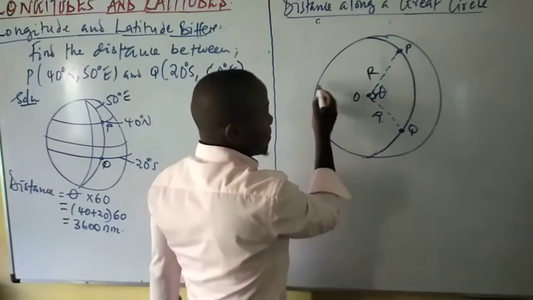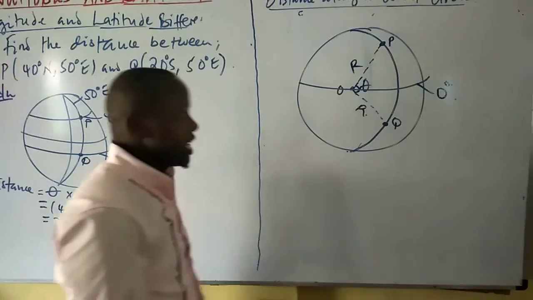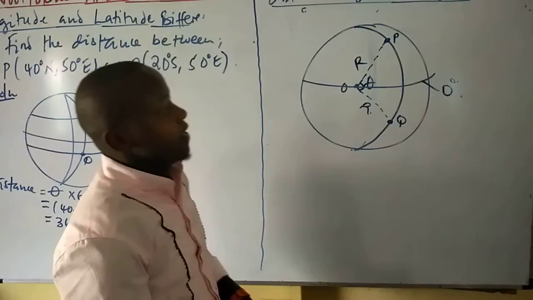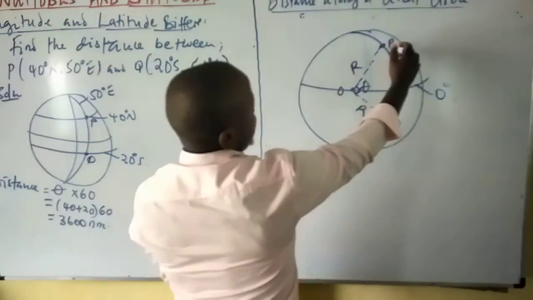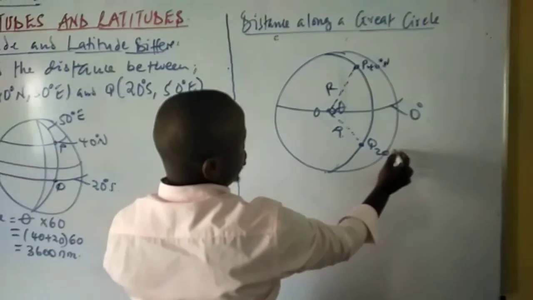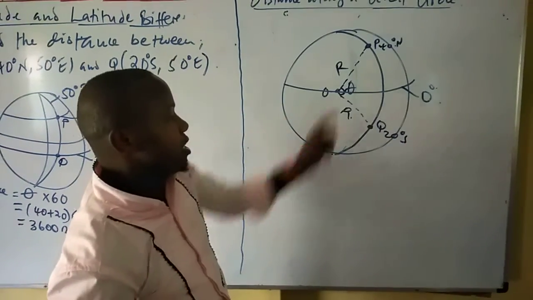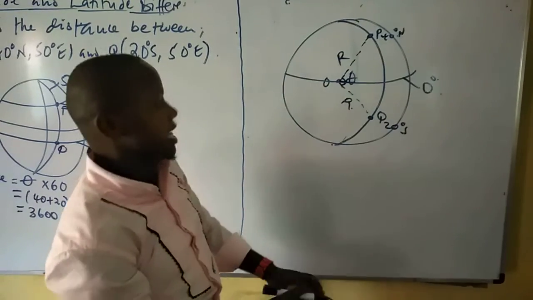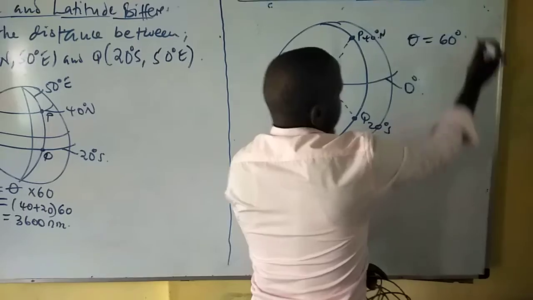Can I assume this is the equator? Because the two places are on opposite sides of the equator, with P on latitude 40 north and this one latitude 20 south, the angle in between is 40 plus 20, so theta is 60 degrees.